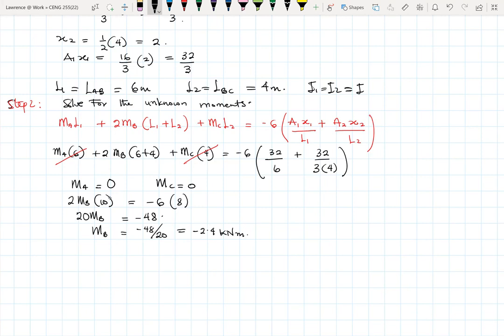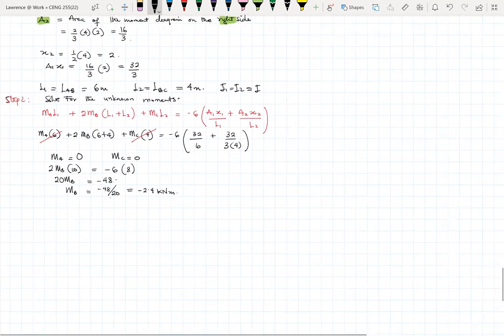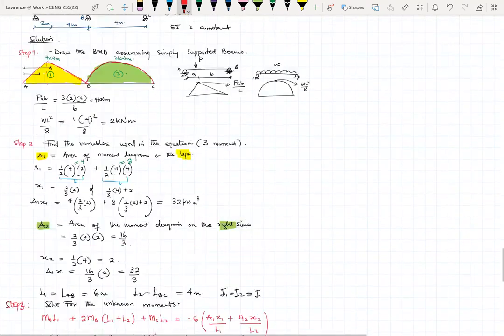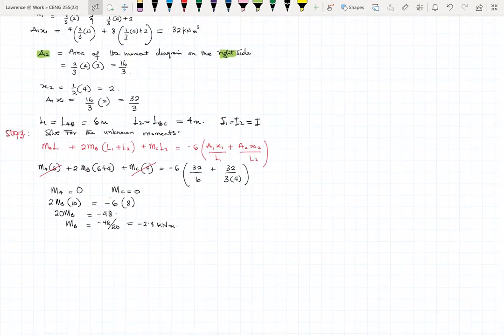This is what we are using. Okay. Now, so we have our step 3. No, this is step 3, sorry. I think so. Yeah. So now let's go to step 4: find support reactions.